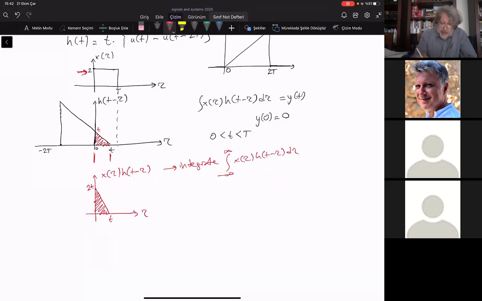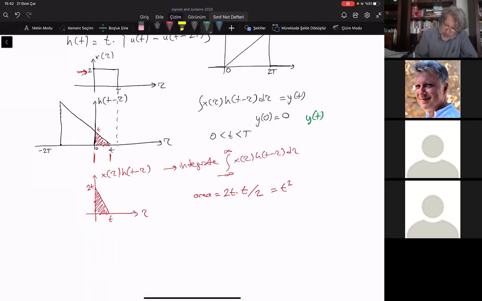Now, the area is equal to 2t times t over 2. That's the area of the triangle, which is t squared. So I'm going to write it in green here.